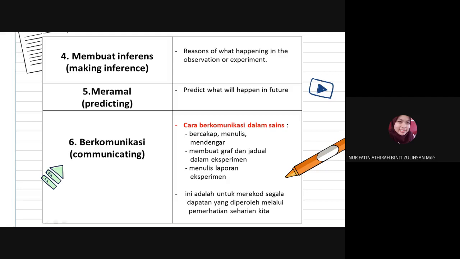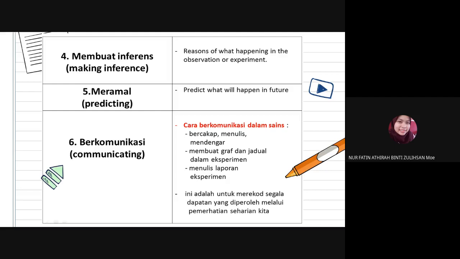Making inference. What's the meaning of making inference? Here I wrote the reasons for what is happening in the observation or experiment, meaning you are giving reasons for what happened in an experiment. For example, I'll give you a situation where you put a plant in a room, and after a few weeks you see there are many dried leaves on the plant.